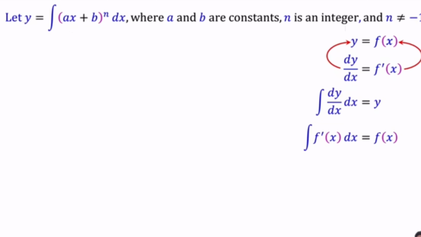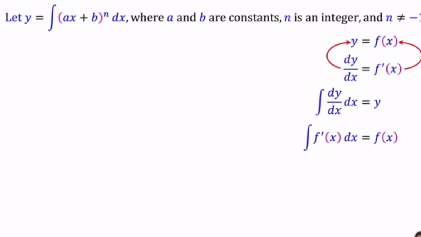So if we differentiate, dy/dx equals (ax plus b) to the power of n. Let's say u is ax plus b, because we are going to substitute u to replace ax plus b.